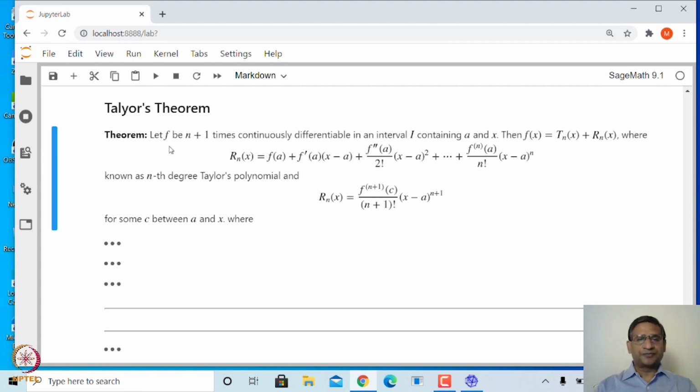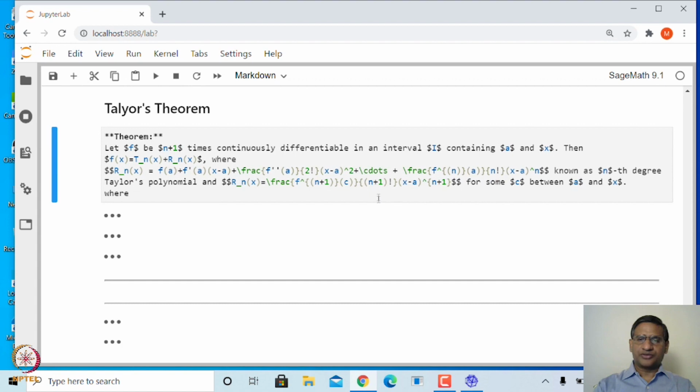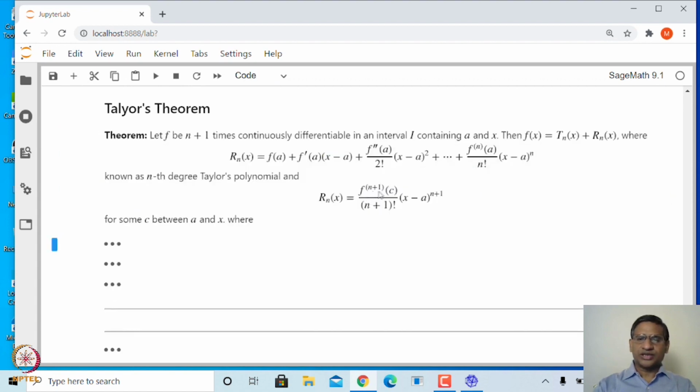If you have a function f(x) defined on some interval I in R, which is n plus 1 times continuously differentiable, and you have any point a inside this interval and look at any x in this interval, then you can write f(x) equal to T_n(x) plus R_n(x), where T_n(x) is an nth degree polynomial, known as the nth degree Taylor's polynomial, and R_n we call the remainder term, which is given by the (n plus 1)th derivative of f at some point c strictly between a and x, divided by (n plus 1) factorial, times (x minus a) to the power n plus 1. And how do we write this nth degree Taylor's polynomial?